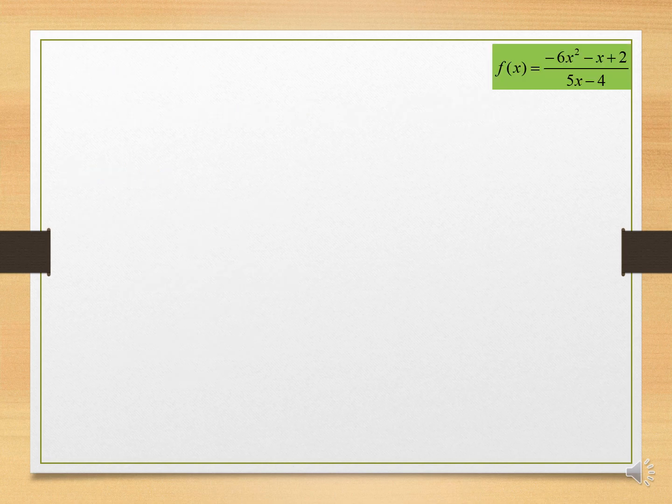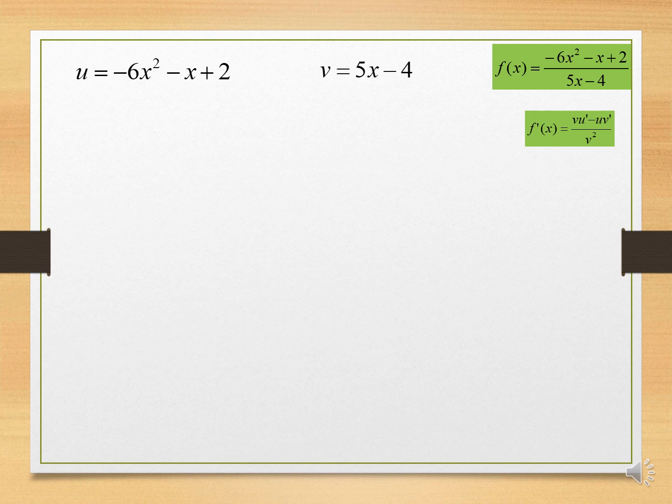Right now, we're going to use the quotient rule to find the differentiation of the function f(x). First, we let u be negative 6x squared minus x plus 2, and v as 5x minus 4, which is the denominator. Then we find the differentiation for both u and v. For u prime, we get negative 12x minus 1, and for v prime, we differentiate 5x minus 4 and get 5.